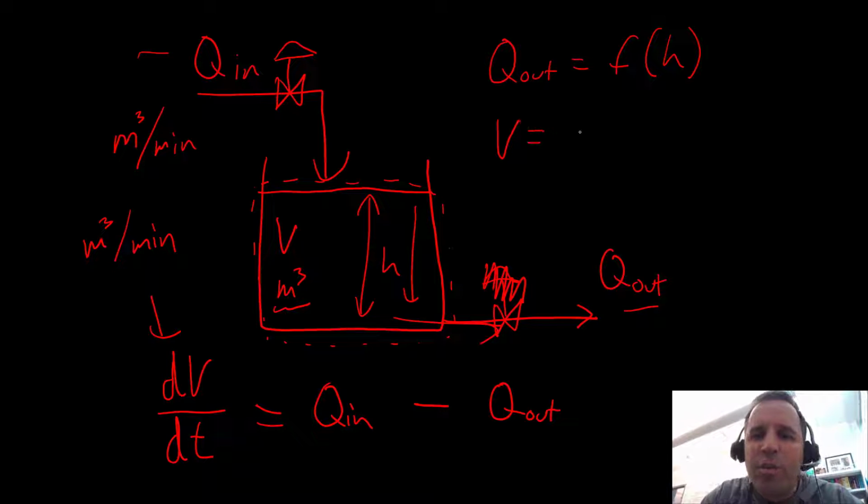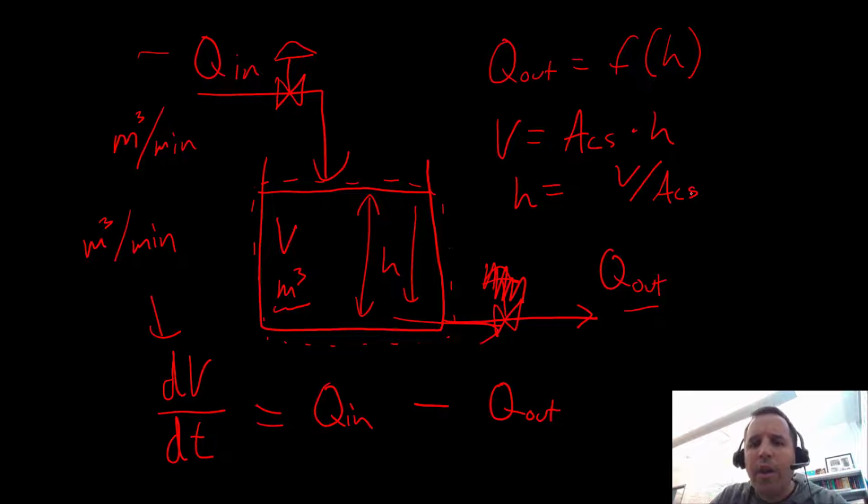Specifically, our volume is equal to the cross-sectional area of our tank multiplied by the height. If we rearrange that equation, we get that our height is equal to our volume divided by the cross-sectional area. So we're going to have to introduce an intermediate calculation like this into our system, which will be very easy for Simulink to handle.